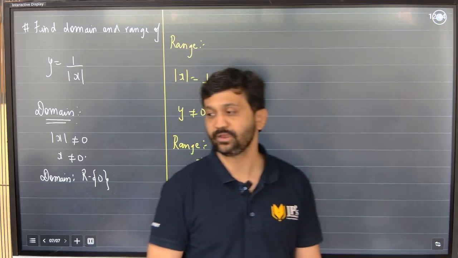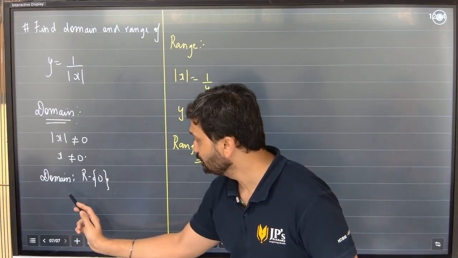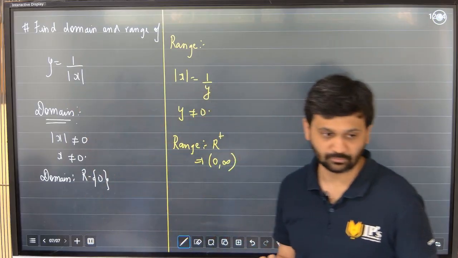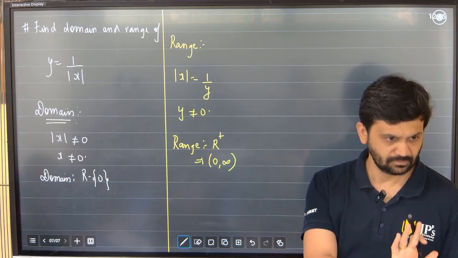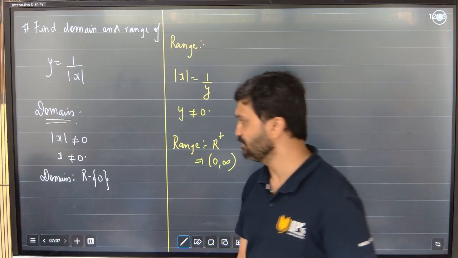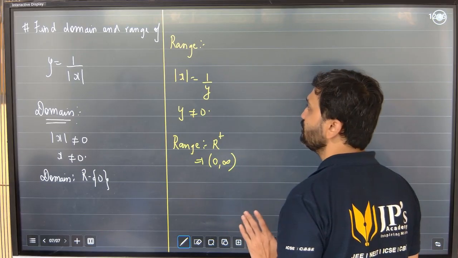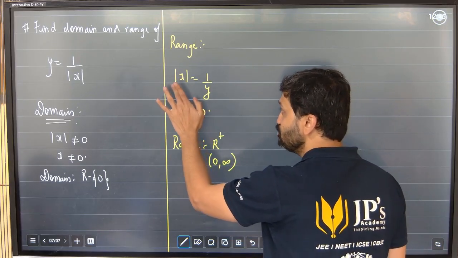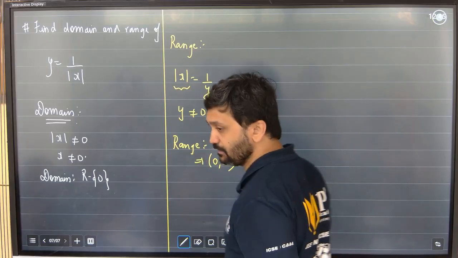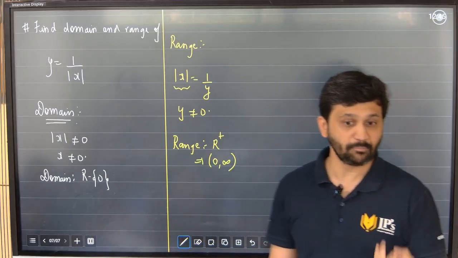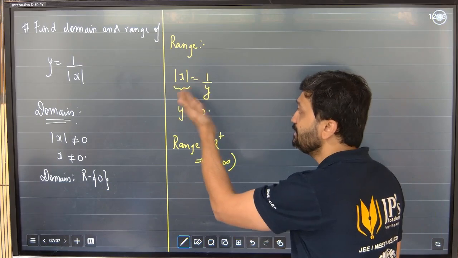This is your domain and range. My domain is all real numbers except 0, but my range would be from 0 to infinity, because ये जो mod x है, mod x कभी नेगेटिव दिखेगा ही नहीं क्योंकि वो खुद सराउंडेड बाय mod साइन है. वो बोला कि मेरा फाइनल आंसर कभी नेगेटिव हो ही नहीं सकते. mod is nothing but absolute value.